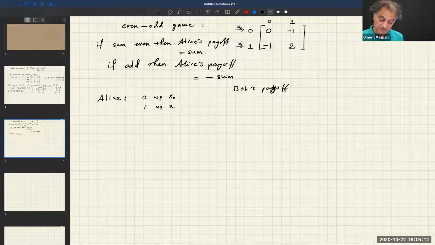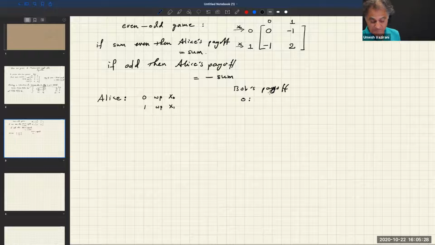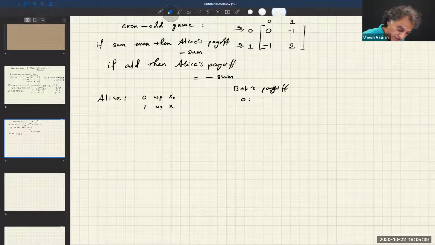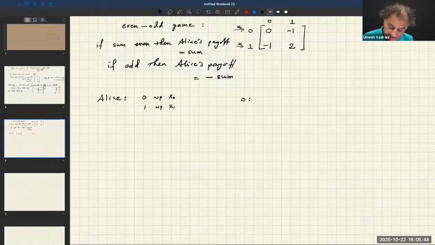So what's it going to be? Well, if Bob plays 0, then his payoff will be... let me just write it in the terms that it's given in the matrix, so it's easier to see.